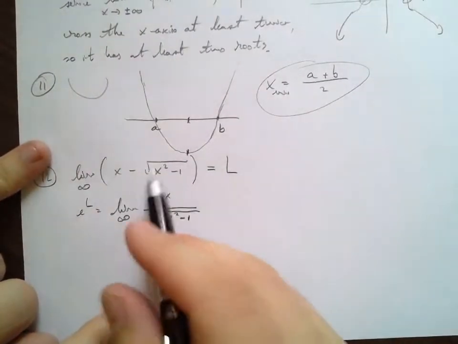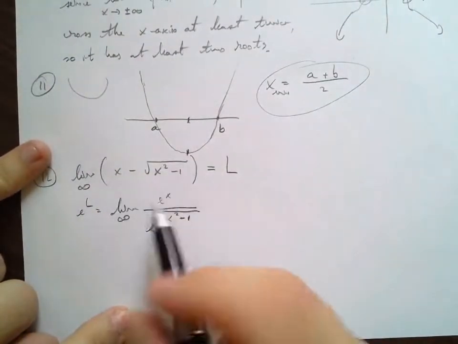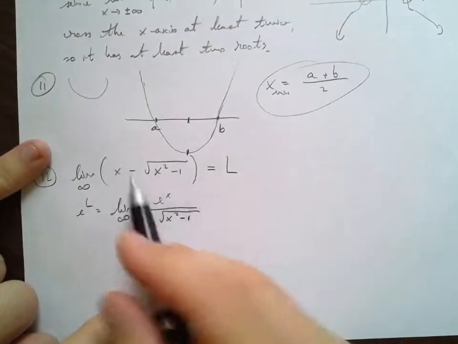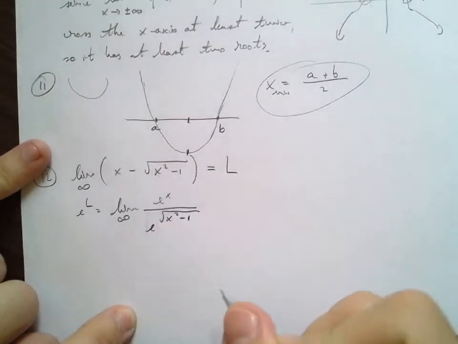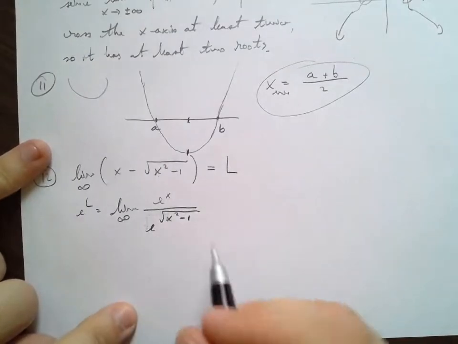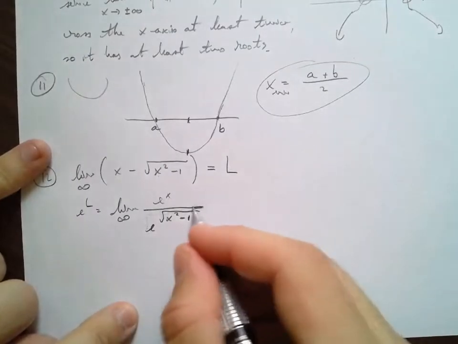Right? So I'm taking this subtraction, and when I raise e to both sides, it's e to the top divided by e to the negative part here. Okay, so this is the limit at infinity of that.